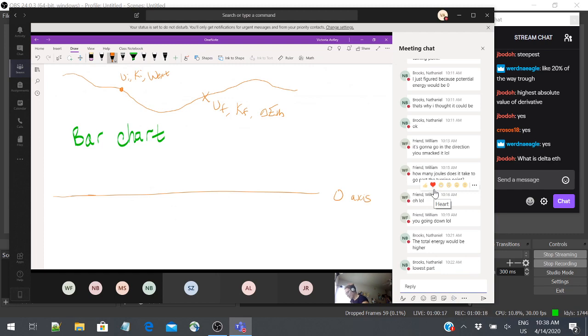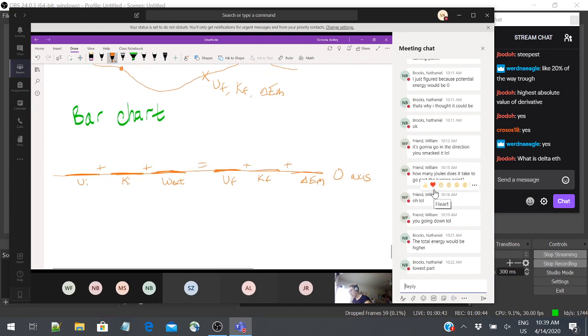And then I have a bar for initial potential energy, initial kinetic energy, work external. And if I add these together, it should equal my final potential energy, my final kinetic energy, my loss to friction.